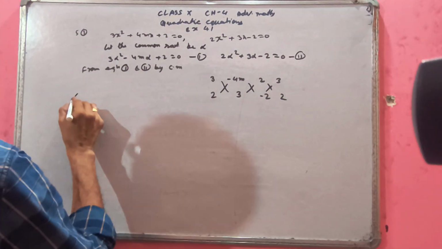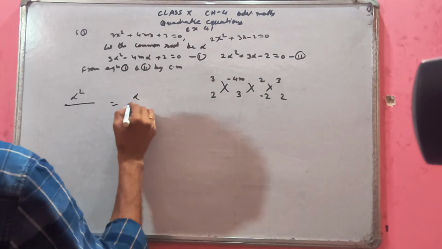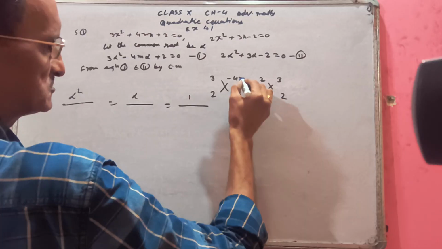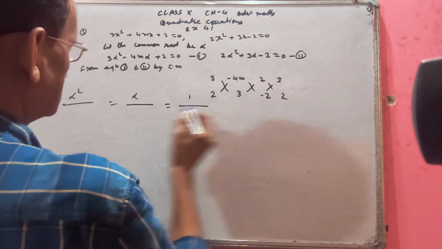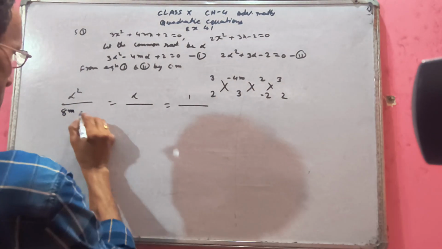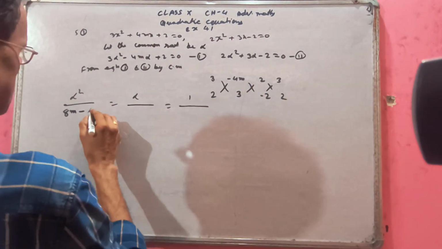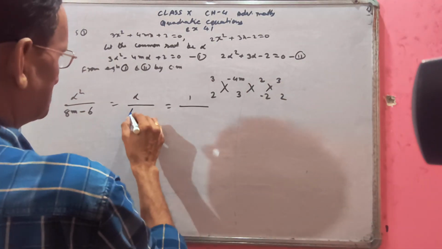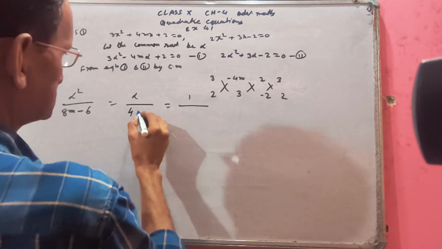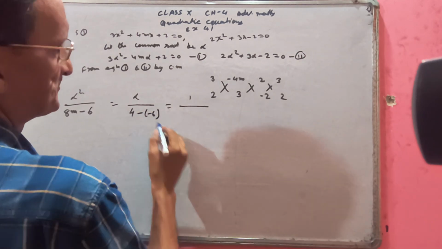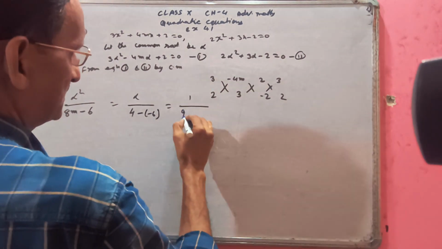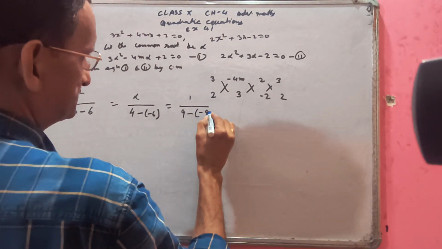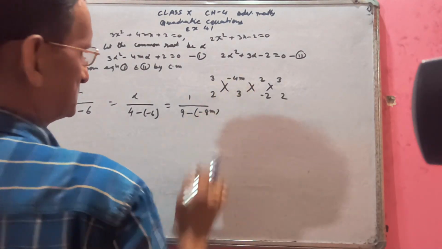So first what we will find? Alpha square by, then we will find alpha by, then we will find 1 by. For alpha square, we will see this 2, minus 4m into minus 2, so 8m, minus 3 into 6. When we find the ratio of alpha, we will see this 2 into 4 minus 3 into minus 6, and for 1 by, first 2, 3 into 3 is 9 minus 8m, this into this minus this into this.